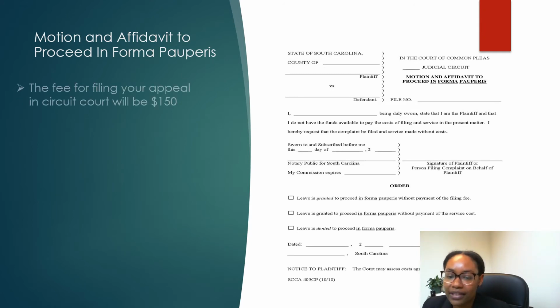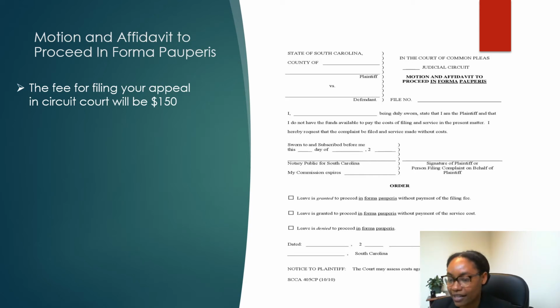Now, the fee for filing your appeal in circuit court will be $150. If you cannot afford to pay the filing fee, you can file with the circuit court a motion and affidavit to proceed in forma pauperis.